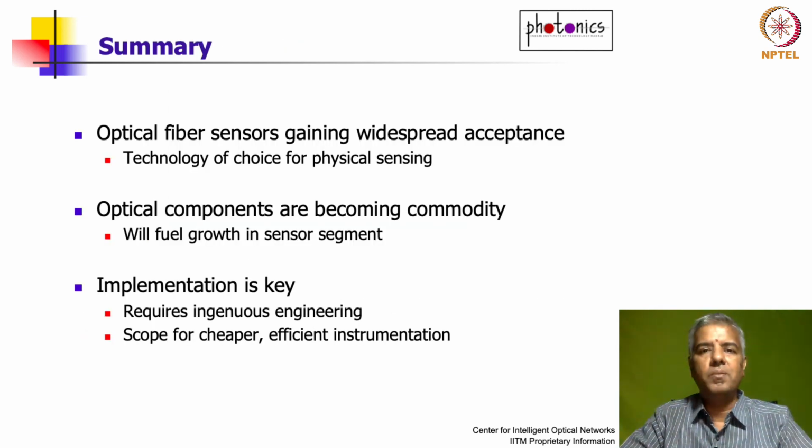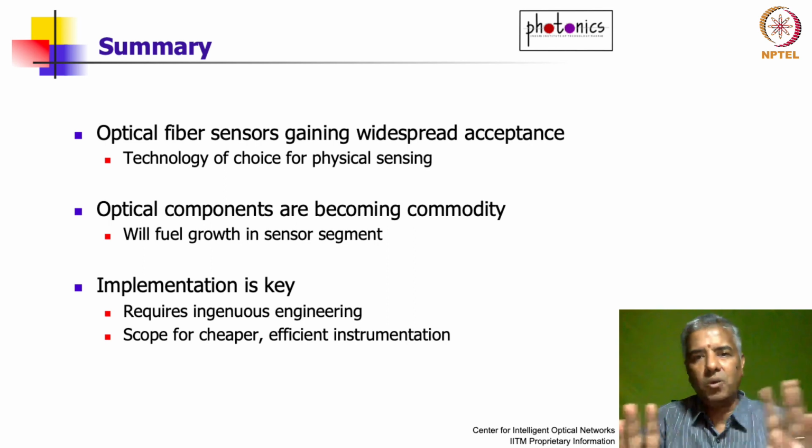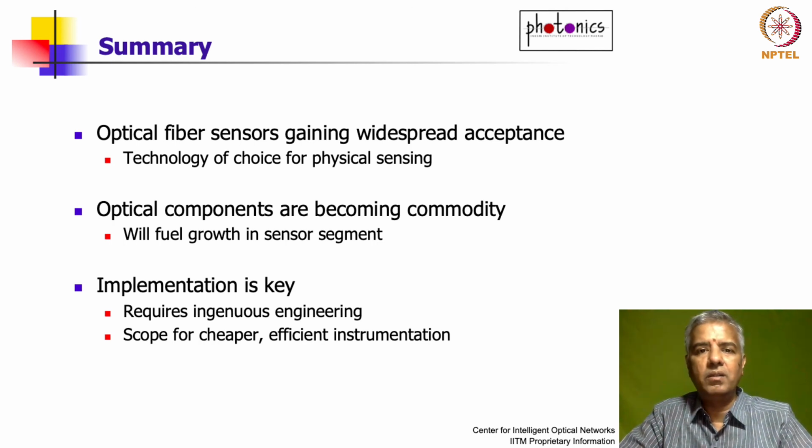So let me just summarize what we talked about. Optical fiber sensors are gaining widespread acceptance and are rapidly becoming the technology of choice for physical sensing, because optical components are becoming a commodity thanks to all the excellent developments in optical communications.